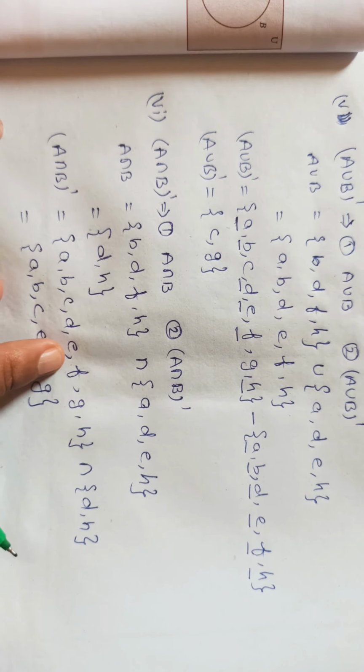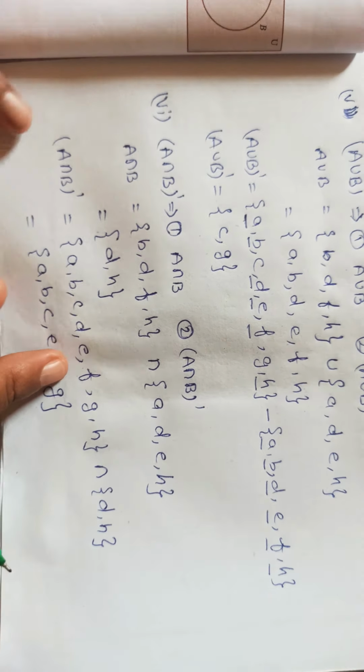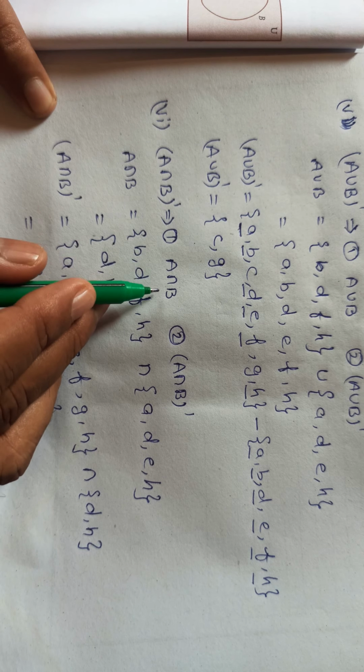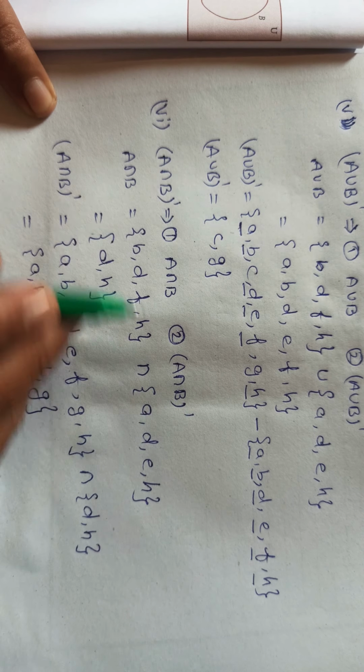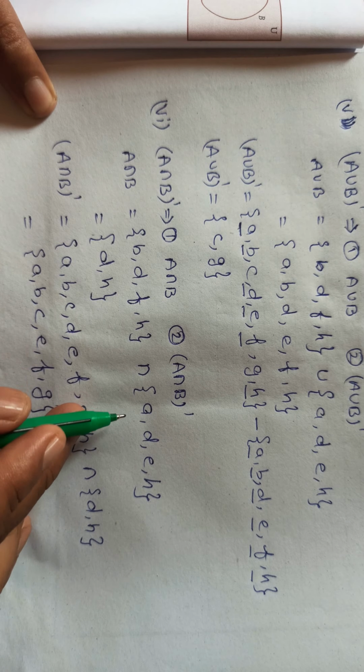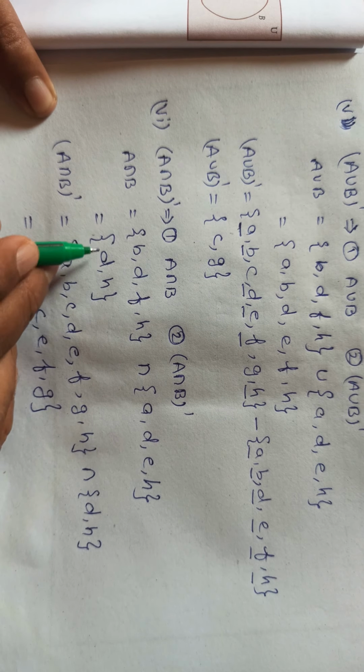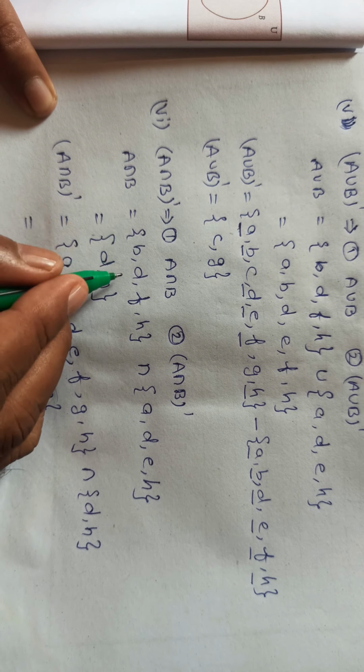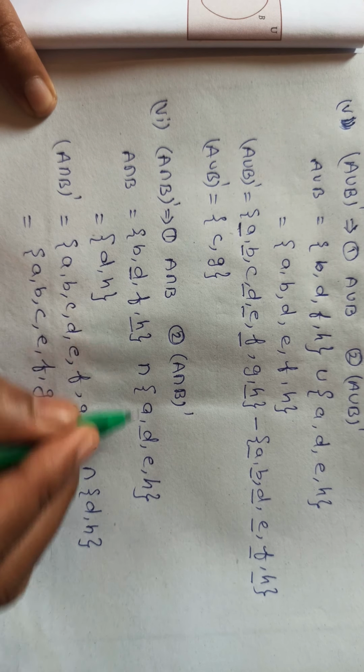Next we come to A intersection B whole dash. As we come to A intersection B whole dash, this is also a two-step process. We write the first step as A intersection B, and then A intersection B whole dash. So once we find A intersection B, we write all the values of A, we write all the values of B, then we find the intersection. So D is common in both, H is common in both.